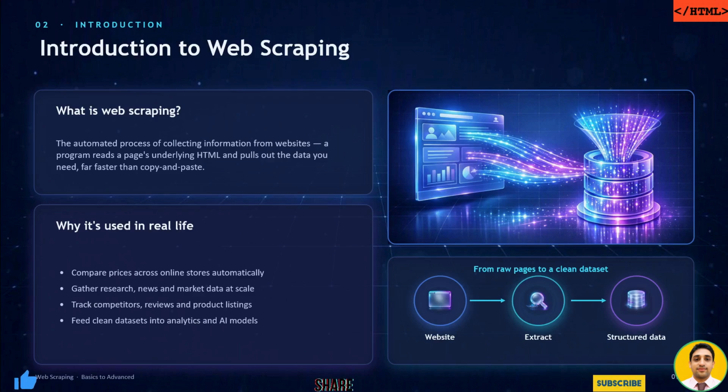This is widely used in real life for tasks like comparing prices across different e-commerce websites, gathering research and market data, tracking competitors, and collecting reviews or product listings. Essentially, web scraping helps transform raw web pages into structured datasets that can be used for analysis and decision making.